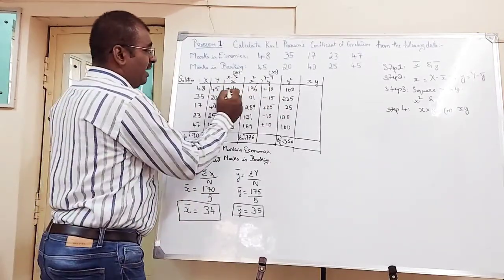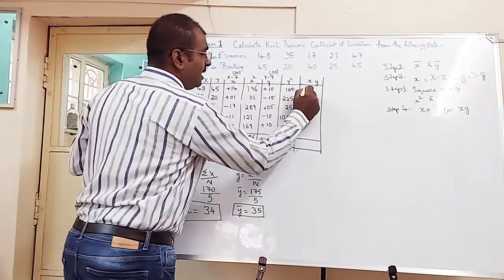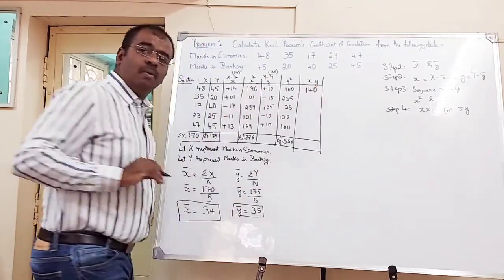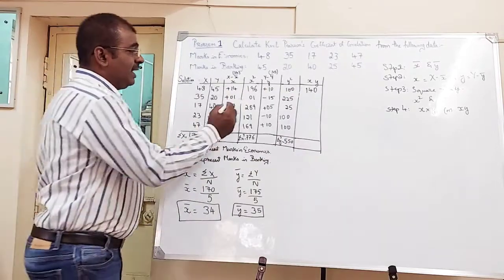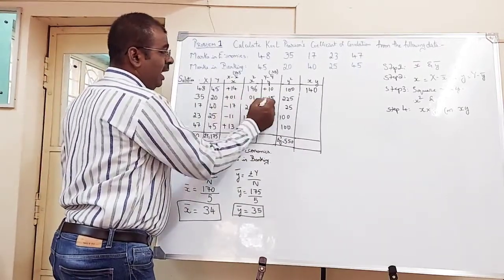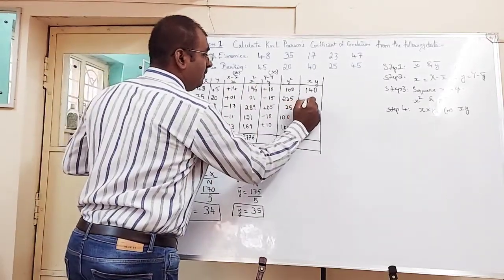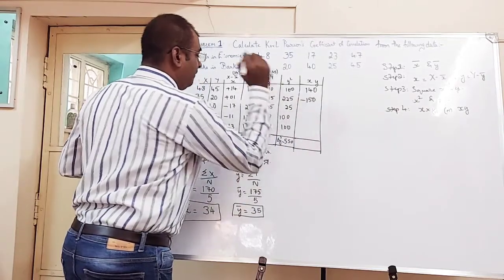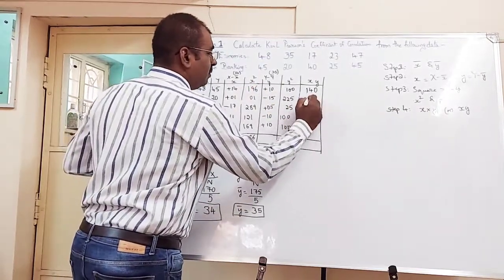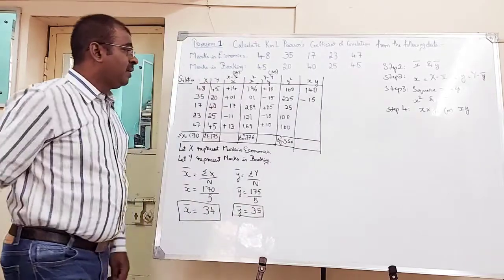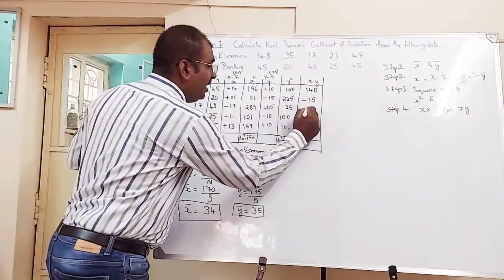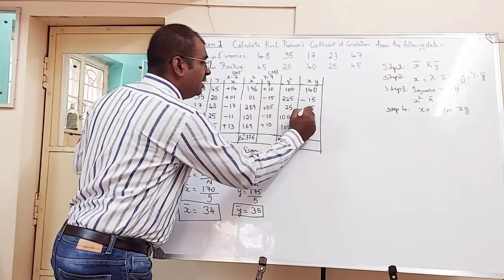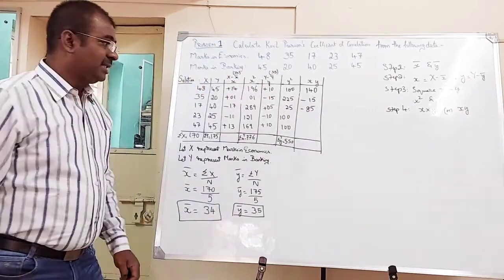So x into y: plus 14 into plus 10, which is plus 140. Second, plus 1 into minus 15, therefore it is minus 15. Next, minus 17 into plus 5, 17 fives are 85, minus into plus becomes minus 85.